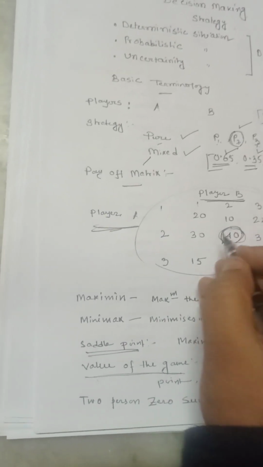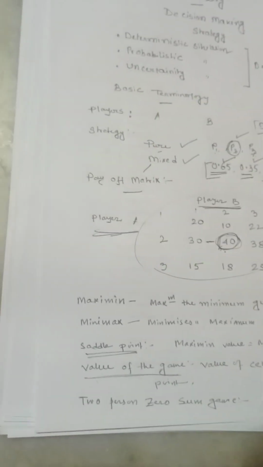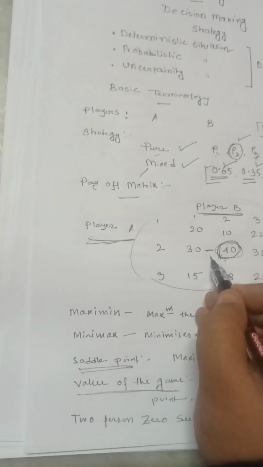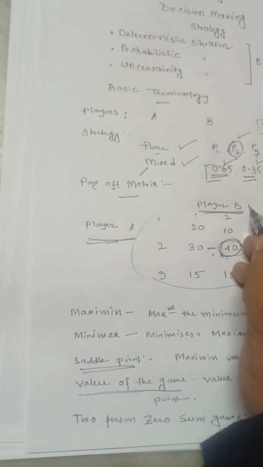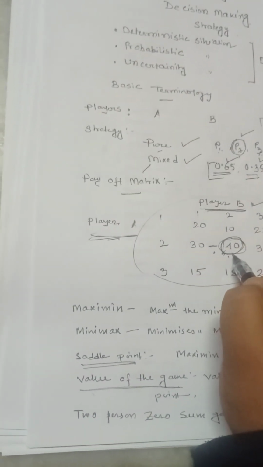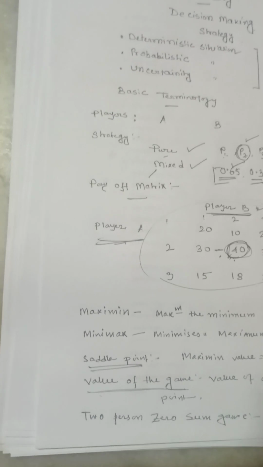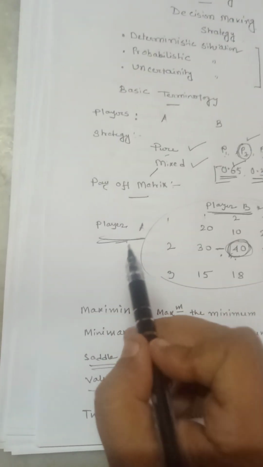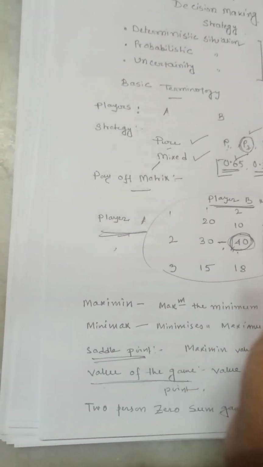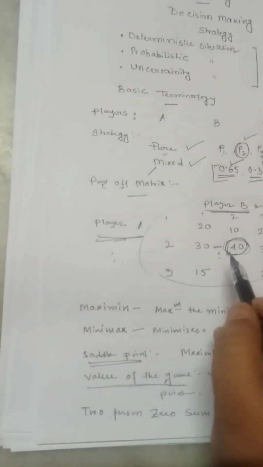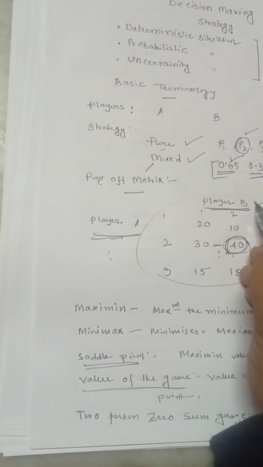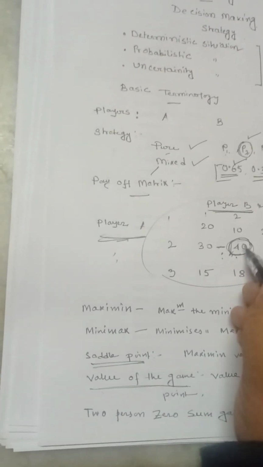Vice versa, if the value of the game appears as negative, that means player A will lose and player B will gain the same amount. Please keep your attention on this section. In case of player A, if the value of the game is negative, it indicates that player A will lose and player B will gain. How much amount? This amount.